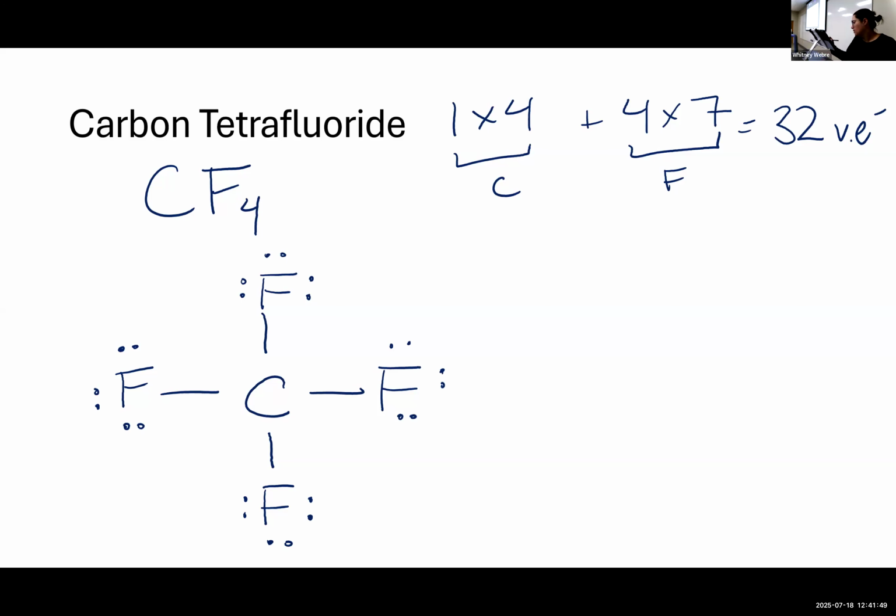So, does the central carbon have a full octet? Okay, carbon's done. Does each of these fluorines have a full octet? Yes. So we're done. We don't have to draw this any further.